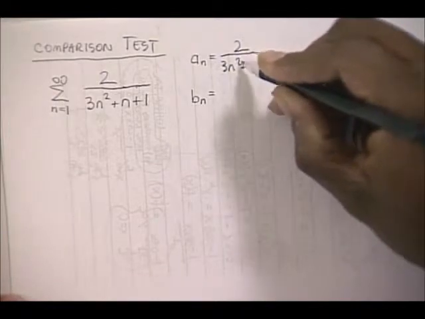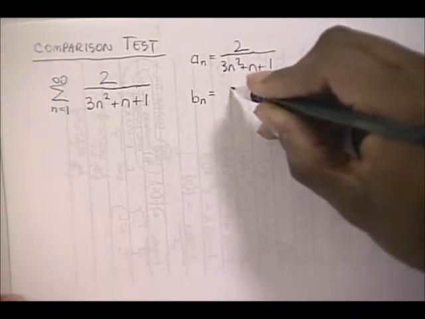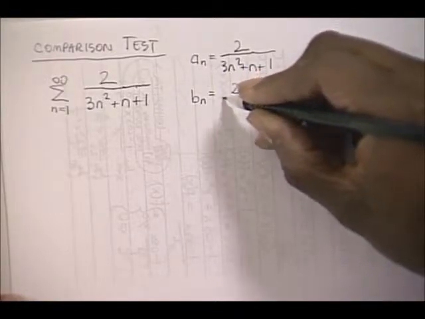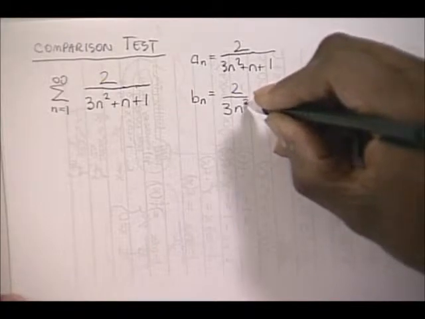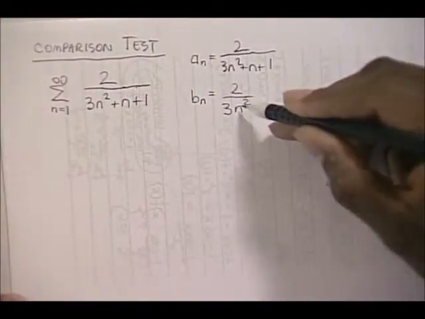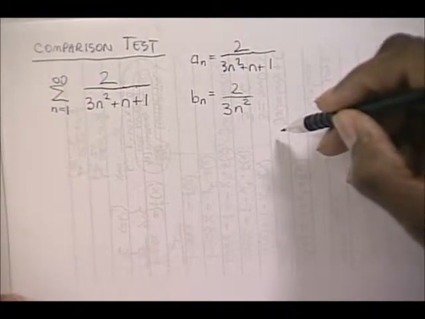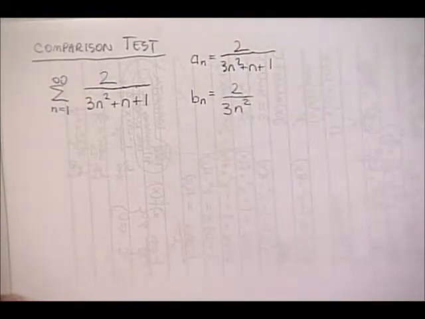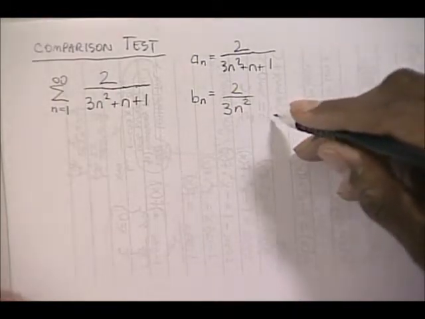A lot of times what you do is you look at the highest degree in A sub n. So I'm going to call B sub n 2 over 3n squared. Now I know a lot about this. If you've studied series, you know a lot about 2/3 times 1 over n squared.